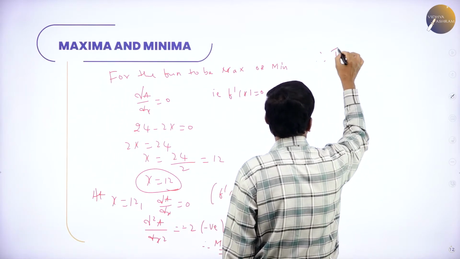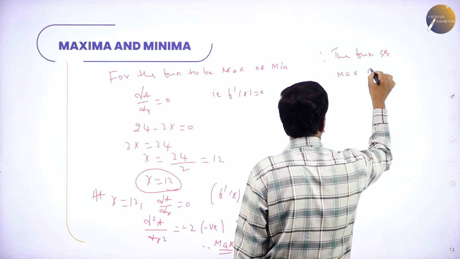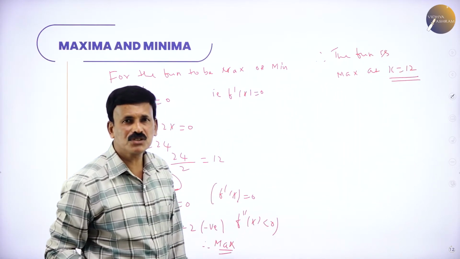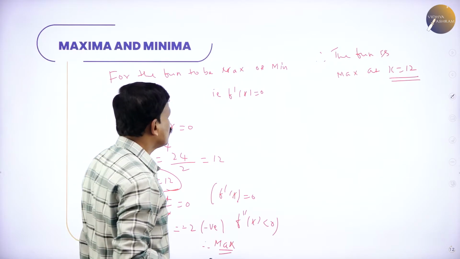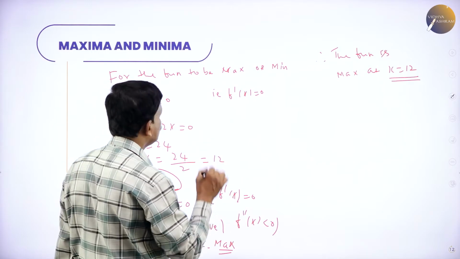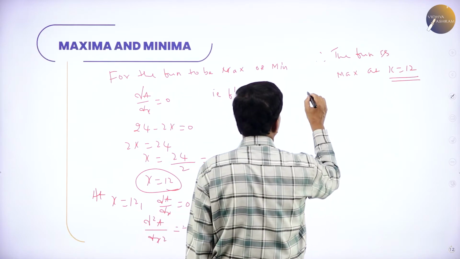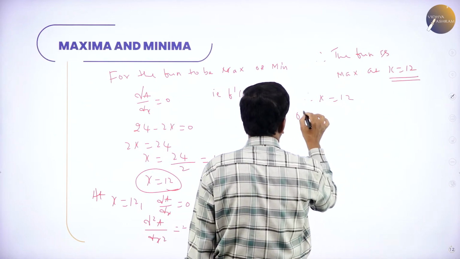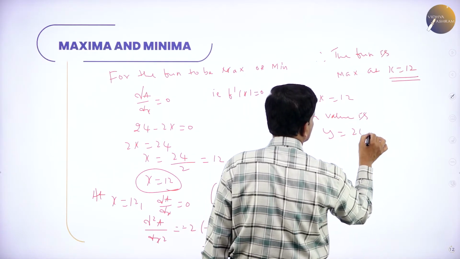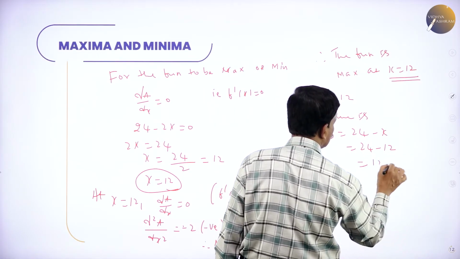Therefore the function is maximum at x is equal to 12. So, now to find the maximum value, put x is equal to 12 in the given equation. One value is x is equal to 12, and the other value is y is equal to 24 minus x, that is 24 minus 12, which is equal to 12.